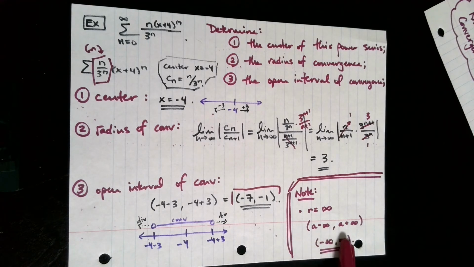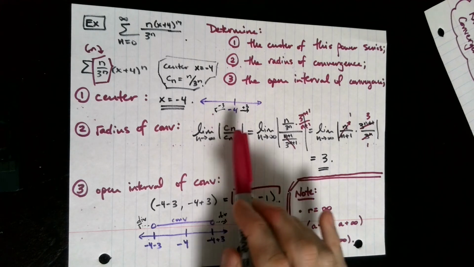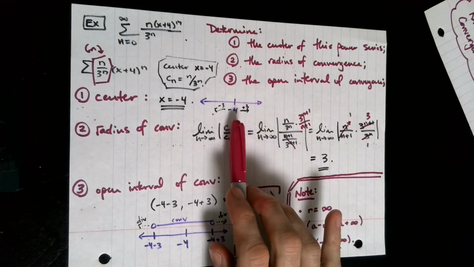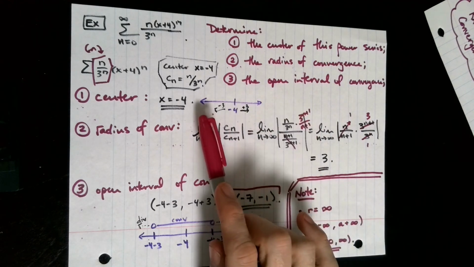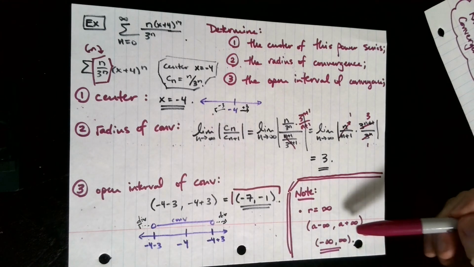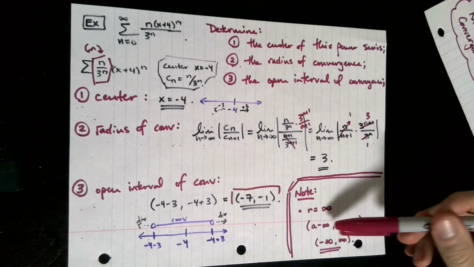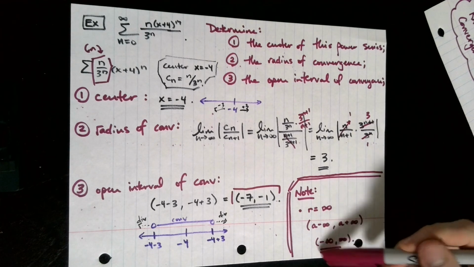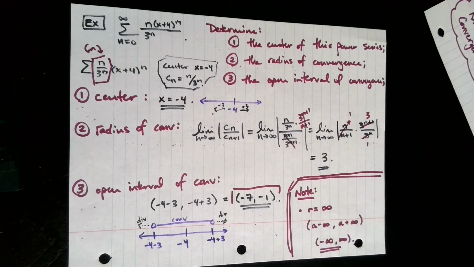Go infinitely far to the right. How far do you go? That's all the way down the number line. Go infinitely far to the left. How far is that? That's all the way down the number line in the other direction. So if you take your center and add infinity and take your center and subtract infinity, you will get the interval -infinity to infinity, which is in fact the entire number line.